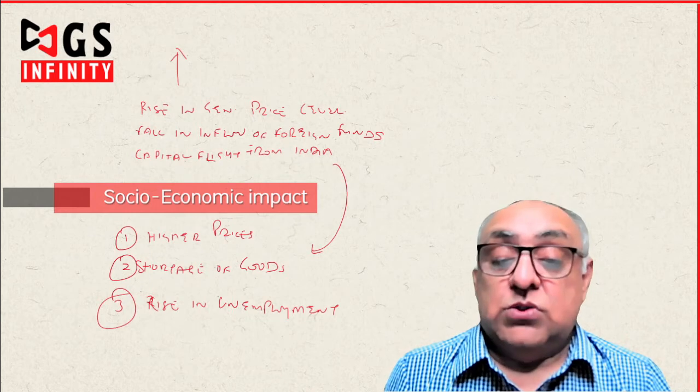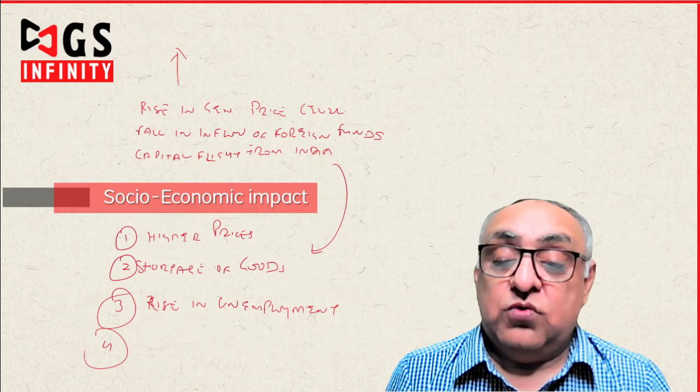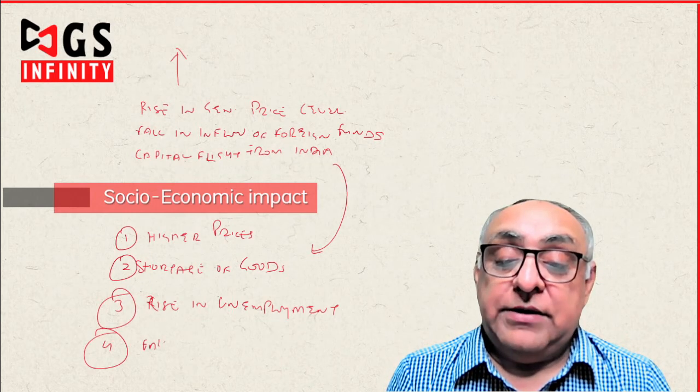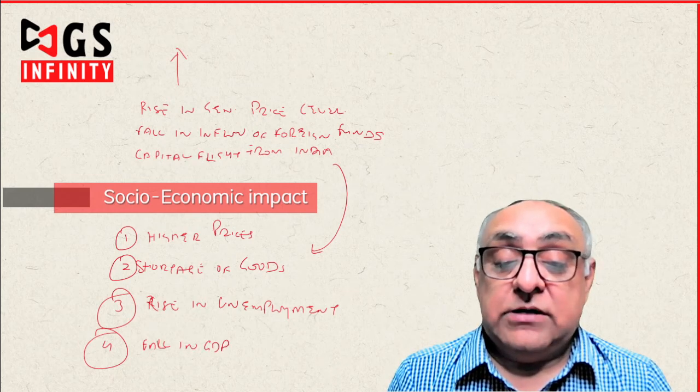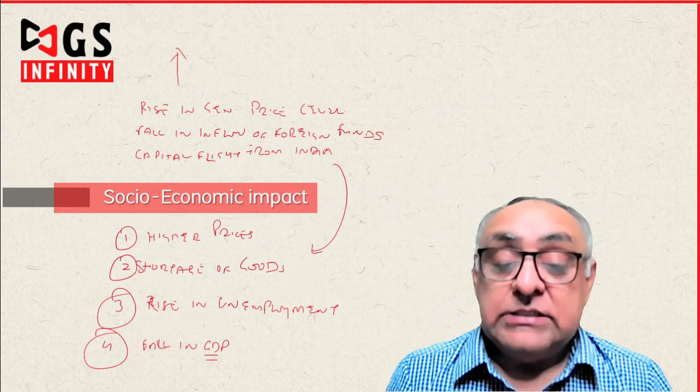The fourth impact would be a fall in GDP, which is the per capita income, we can say also.